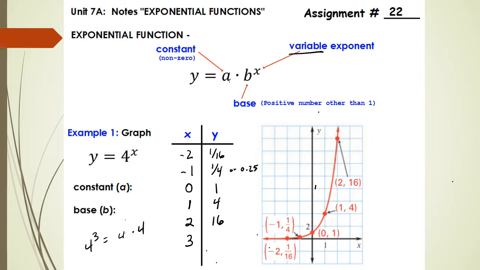Because this is 4 squared. All right, which is 64. So we'd be off the graph at that point. And what you can see over here to the right is the coordinates plotted on this graph. All right, but that's a basic exponential function. Let's see where we go from here.